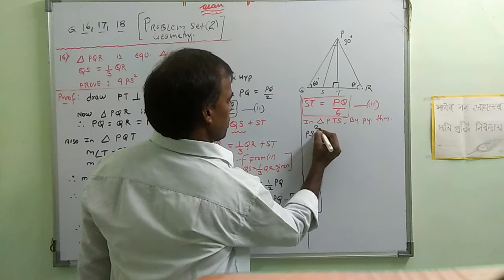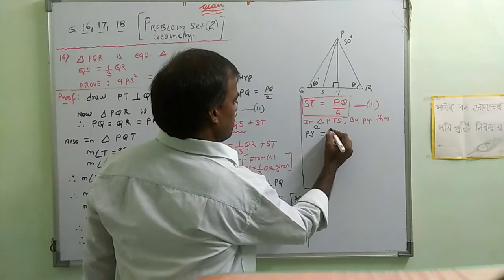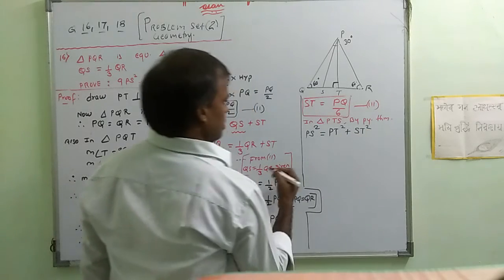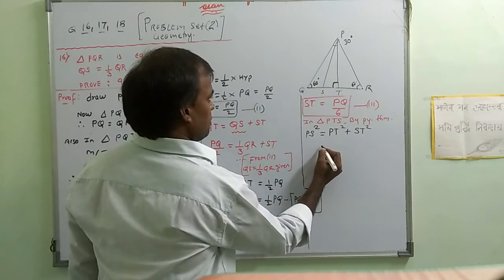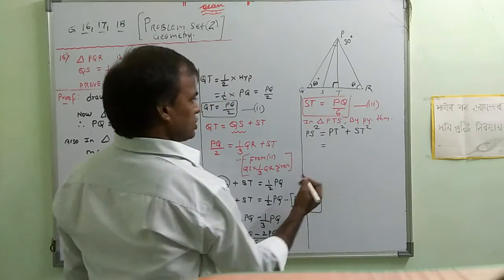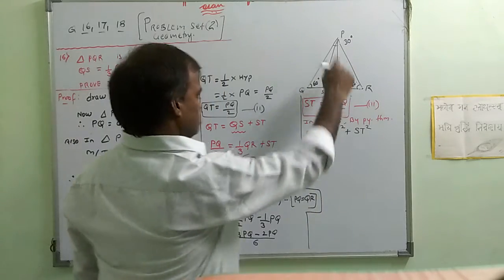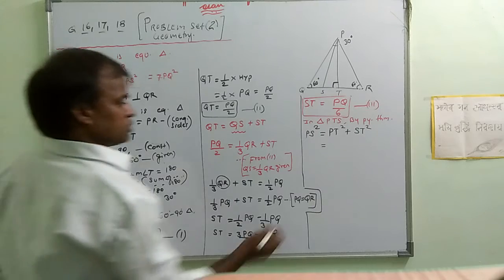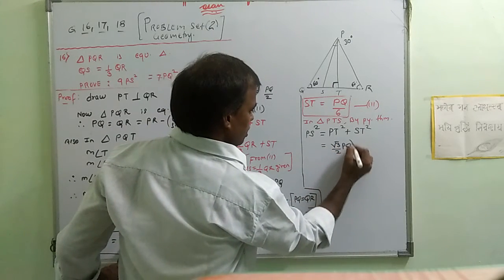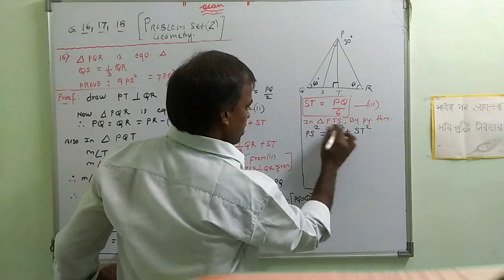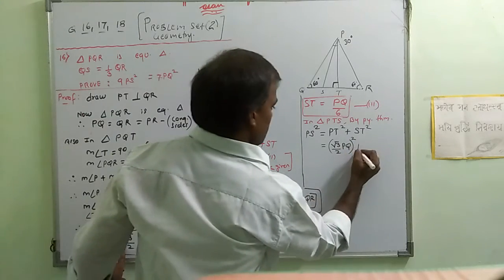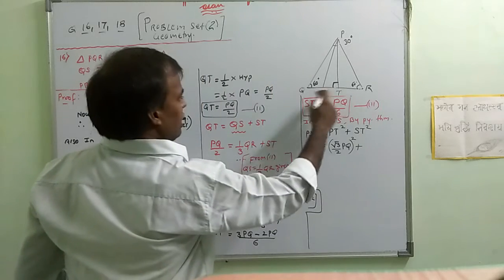PS square equals PT square plus ST square. PS value we don't know. PT square. Now PT square means how much? Root 3 upon 2 into PQ, the whole square. You can write here from 1, plus ST. ST is how much?